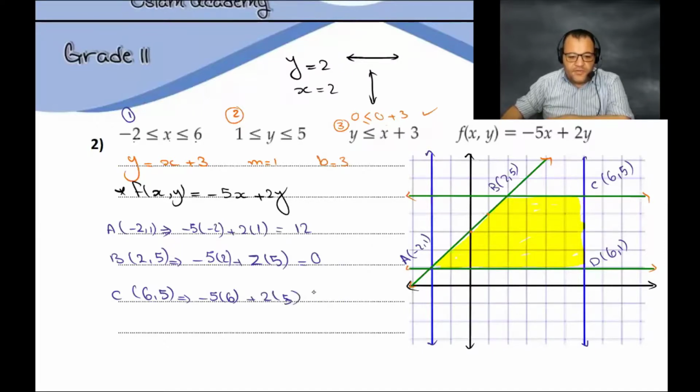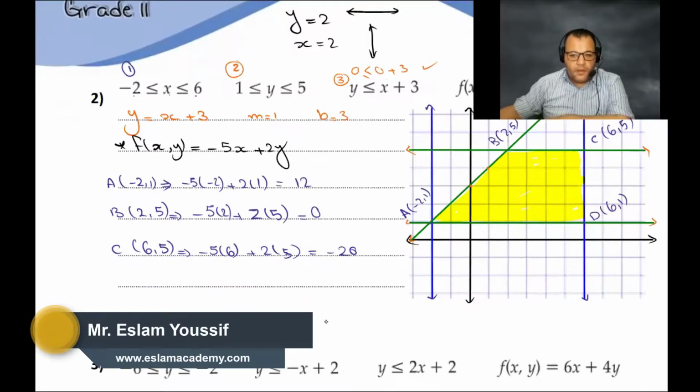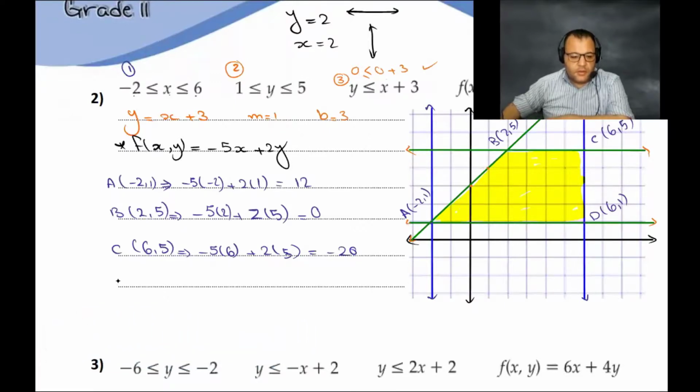This would be -30 plus 10 equals -20. D, (6, 1): -5 times 6 plus 2 times 1, which equals -28.